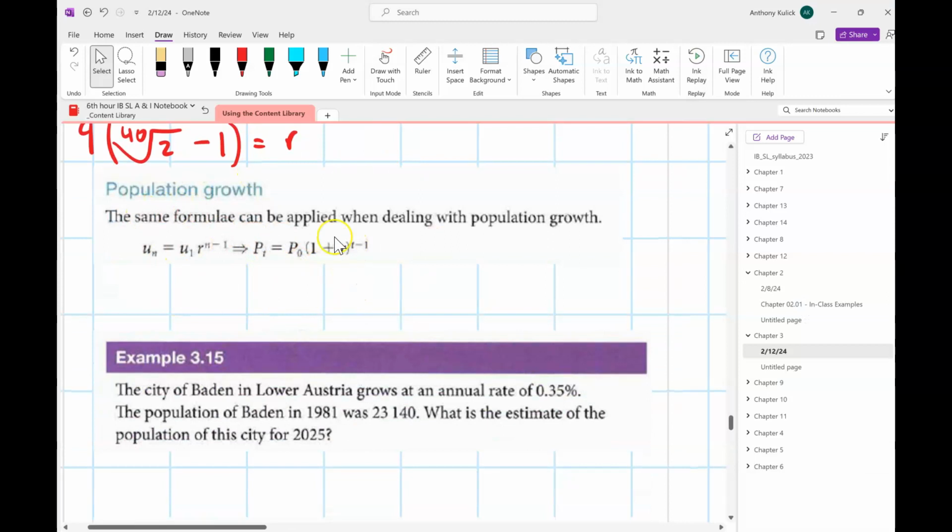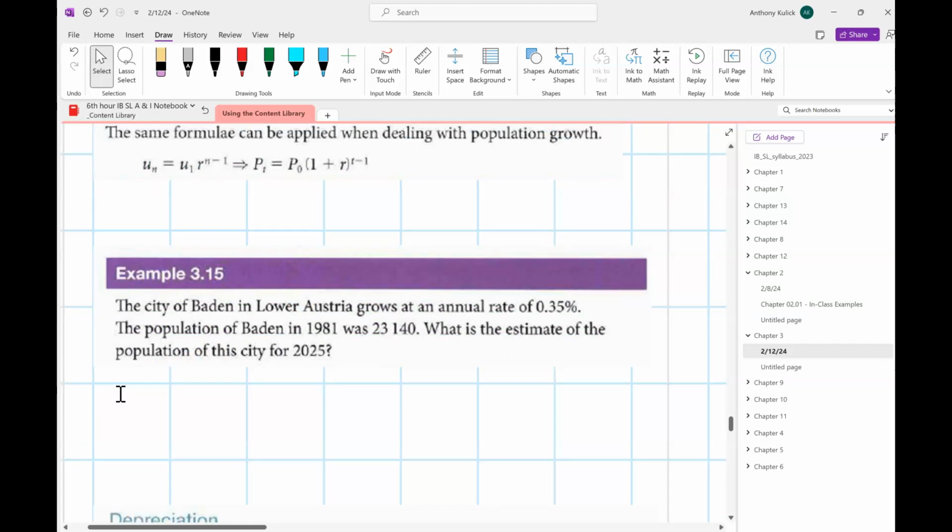Population tends to grow exponentially also, so we can use that same exponential model, or geometric sequence model, to describe population. So P naught is the initial population, R is the rate of growth, and T is the time.